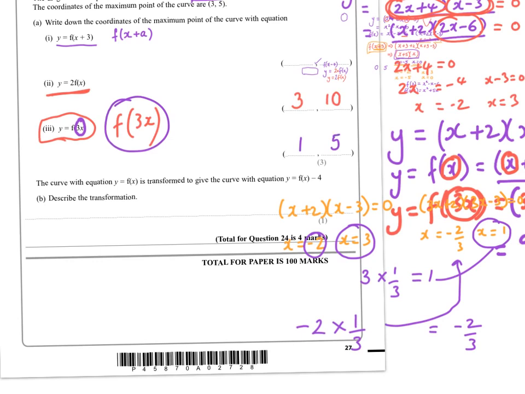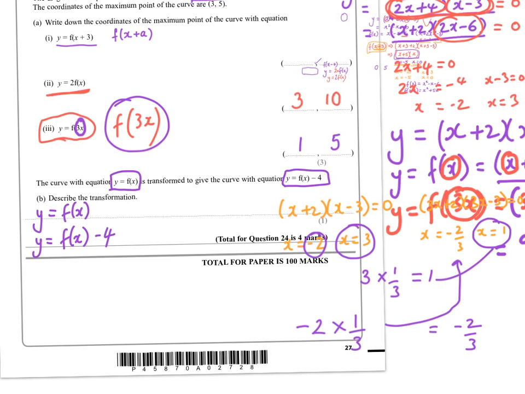Now the last part of the question says the curve with equation y equals f of x is transformed to give the curve with equation y equals f of x minus 4. Well, one quick and easy way to look at this is if you have y equals f of x and you're comparing it to y equals f of x minus 4, then what's actually happened is that every point that is plotted is just translated downwards by 4.